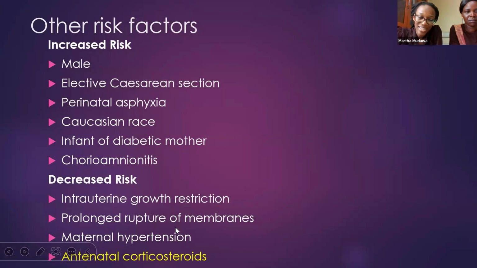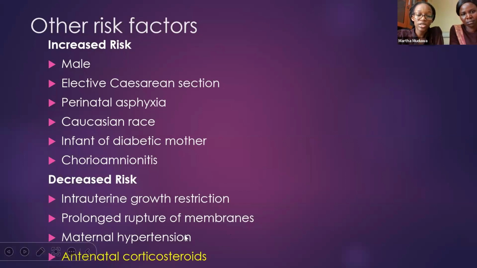So with these other ones, the mechanism is not so clear, but mostly it's related to the stress that the fetus is undergoing just before delivery. It increases their production of corticosteroids and fastens their lung maturity. So it's the stress that is reducing their risk. However, it still puts them at risk of other complications.